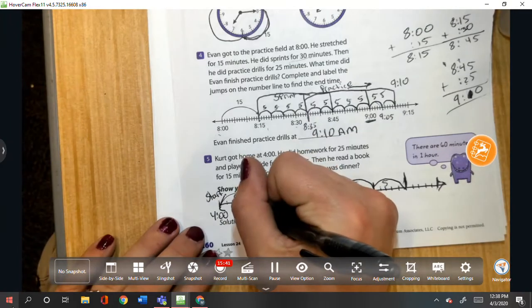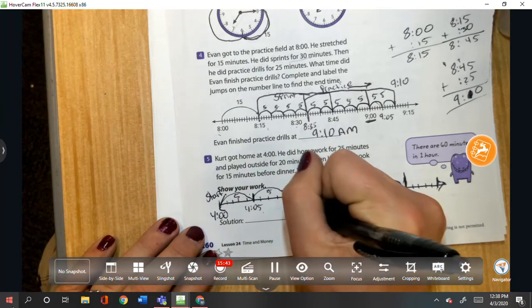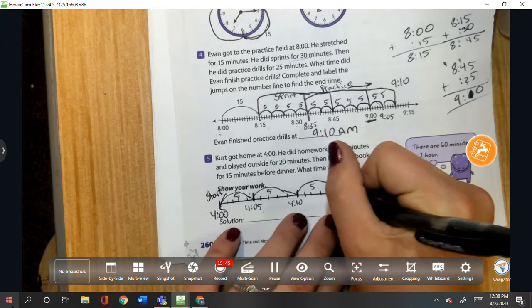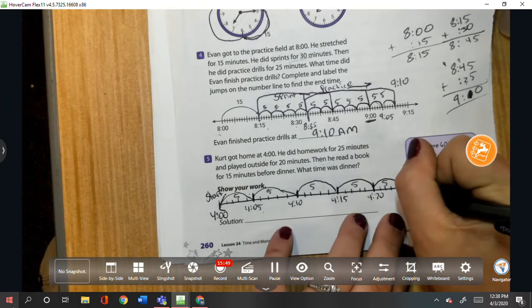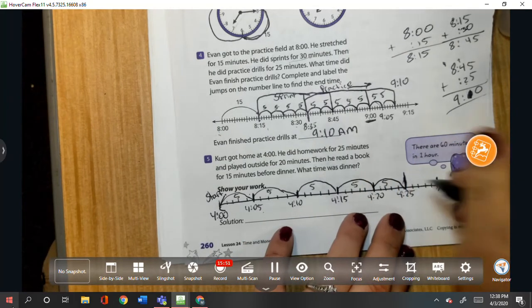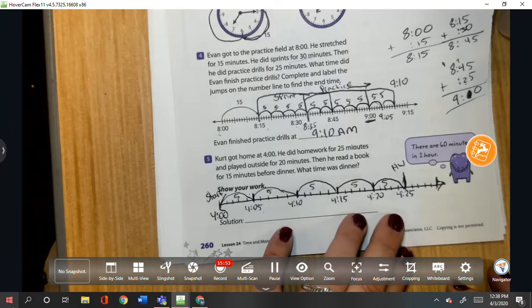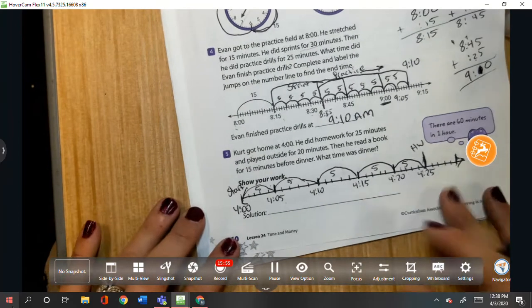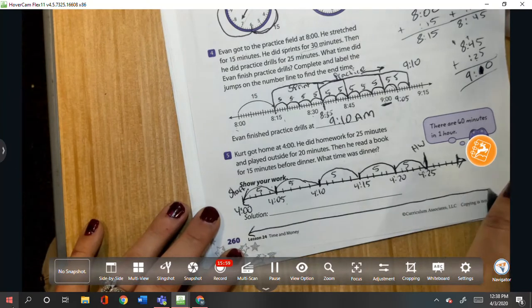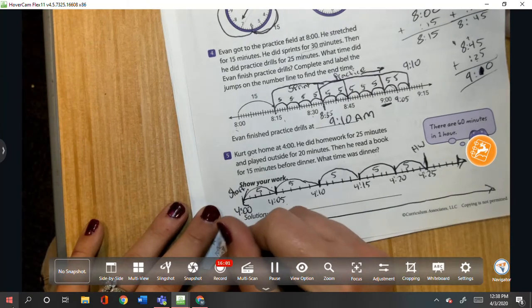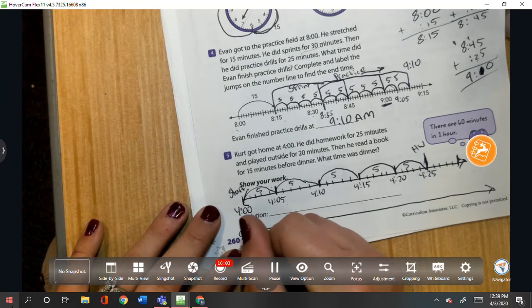Well, this would have been 4:05, 4:10, 4:15, 4:20, 4:25. All right, we might have to start, yep, because I don't have enough room. So at 4:25, we were done with our homework.